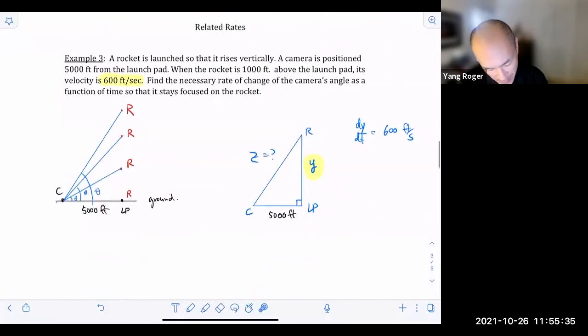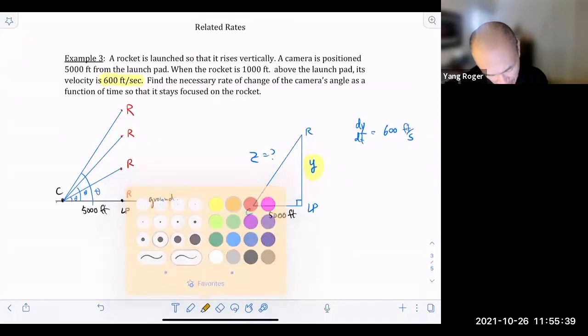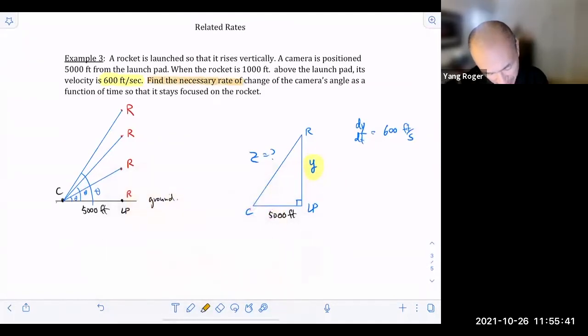What are they asking me? They're asking me to find the necessary rate of change of the camera's angle. Does that make sense? The camera's angle. So I do not want to label the Z. What do I want to label?